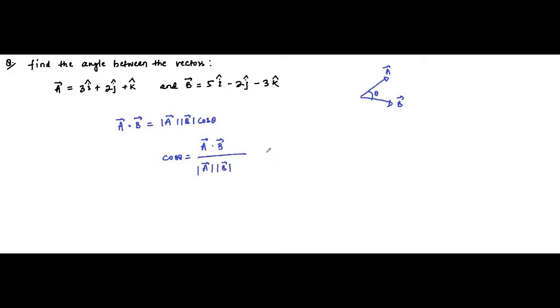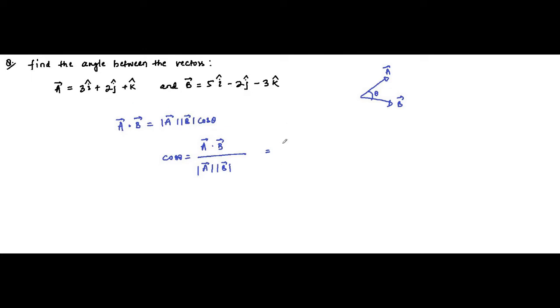Here A vector dot B vector is simply the sum of the products of the x, y and z components of both the vectors.